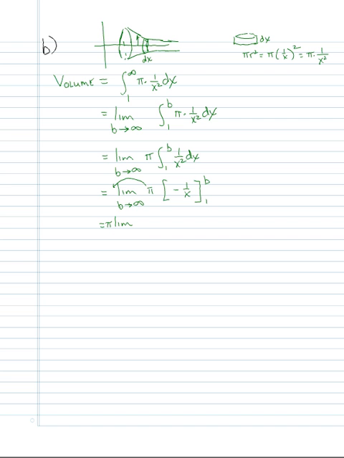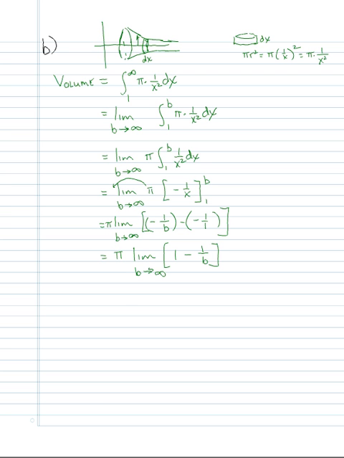So we first evaluate at b, so we have negative 1 over b, subtract the value at 1, negative 1 over 1. As the dust settles here, I'm going to write that a little differently. A negative of negative 1 is a positive 1, so I'm going to put that positive 1 minus 1 over b. Whoops, I see I left off b approaches infinity.